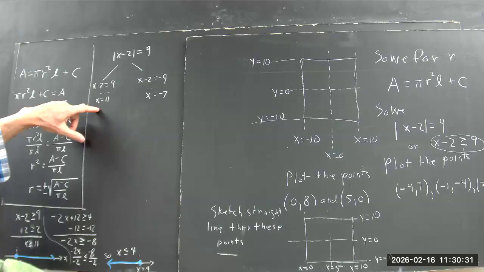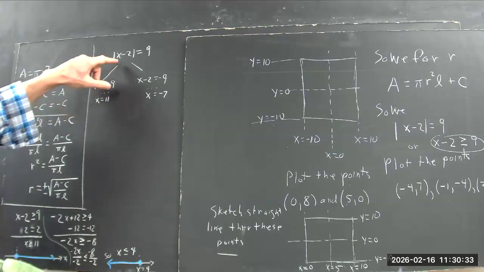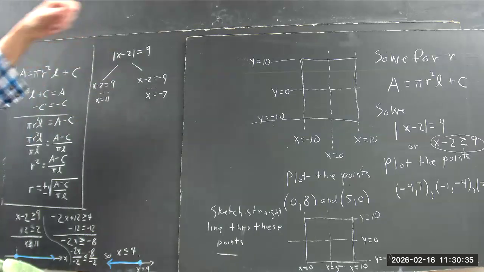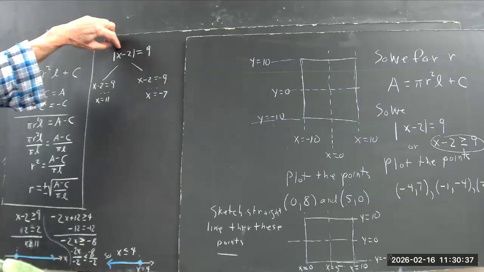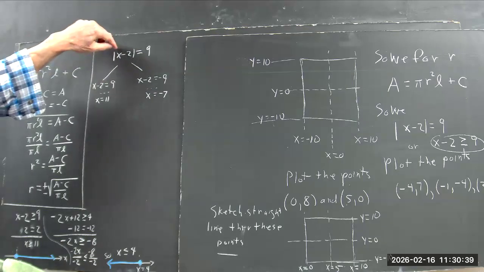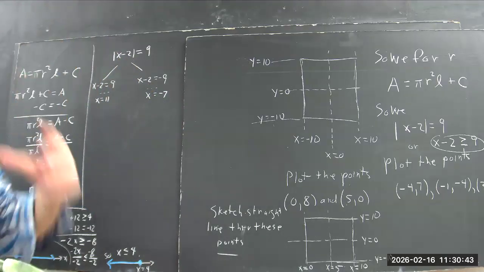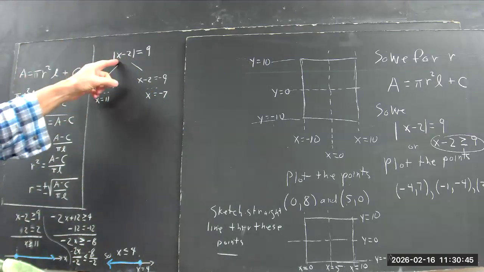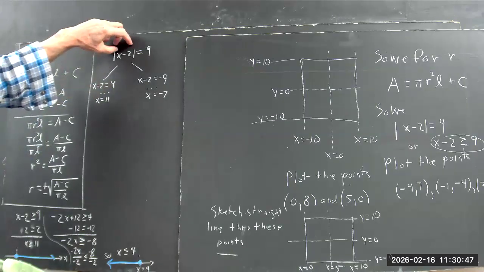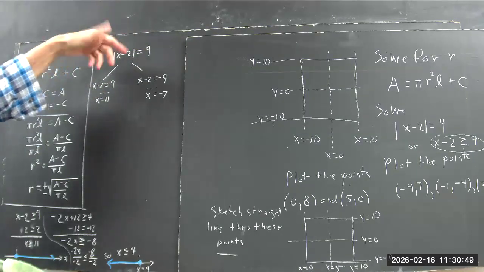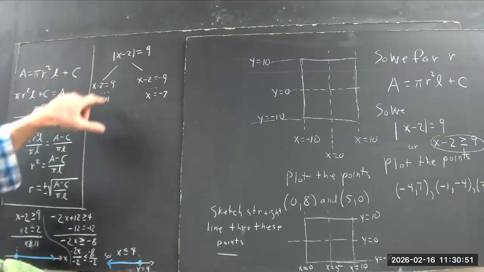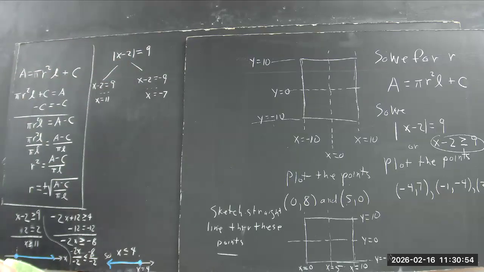Then we go back to the inequality and we plug x equals 11 in. Now, it's the absolute value of x minus 2. If x equals 11, that's the absolute value of 11 minus 2, which is the absolute value of 9, and that's 9. Now, the equation is absolute value of x minus 2 equals 9, and we just got 9 equals 9 by plugging in x equals 11.